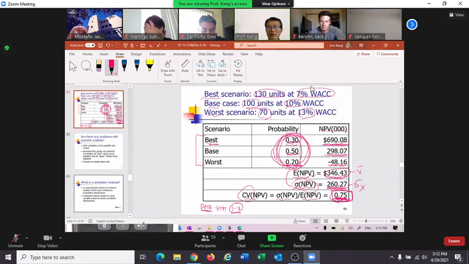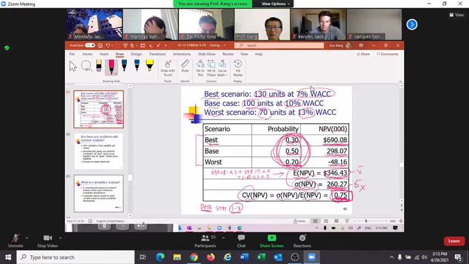Actually, you can do it by hand, like 690.08 times 0.3 plus 298.07 times 0.5 plus negative 46.16 times 0.2. That is a long way, right? Just a simple weighted average of each NPV, using probability as a weight.